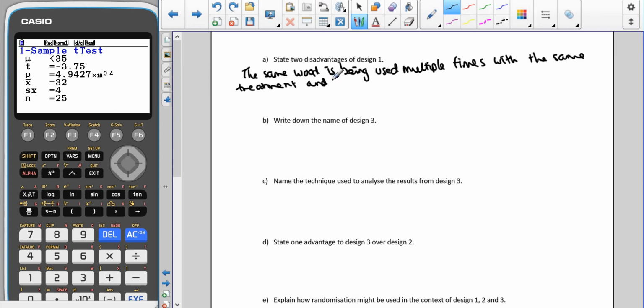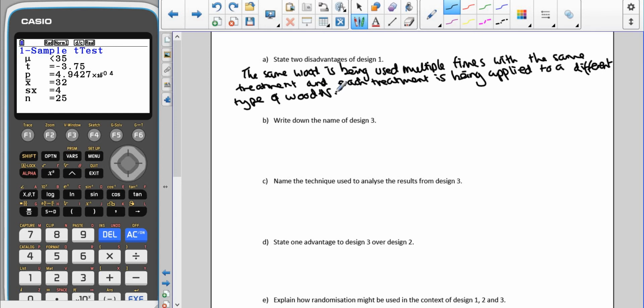And each treatment is being applied to a different type of wood.